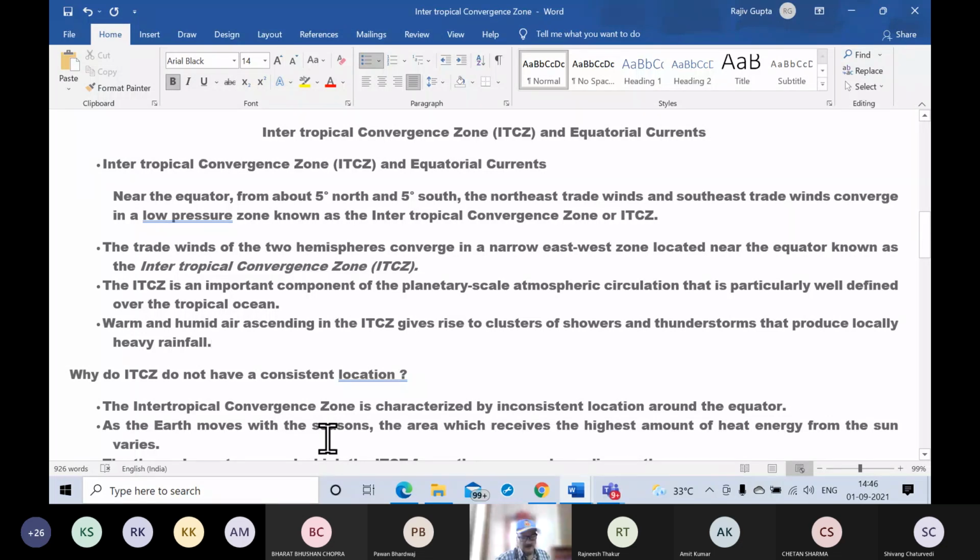Because of the movement of Earth with the season, the area receiving solar radiation is varying, and this will vary the location of the ITCZ as well.